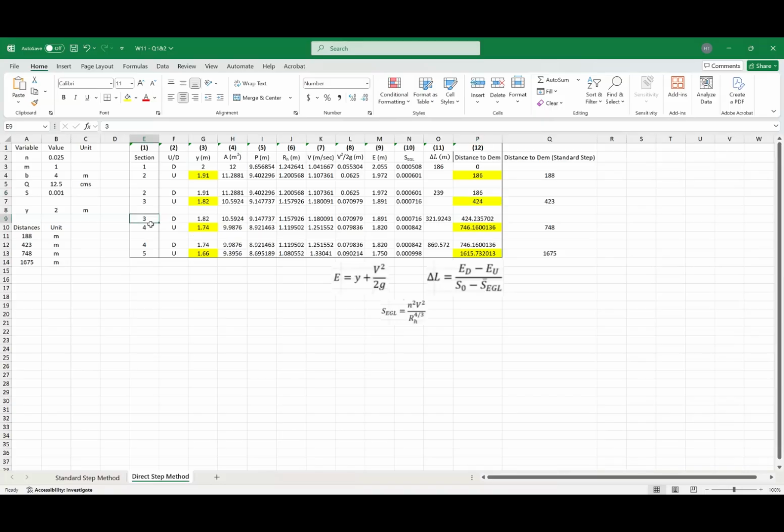And let's continue with this section. So from this equation, we can actually get delta length as 322. And this was for 24.